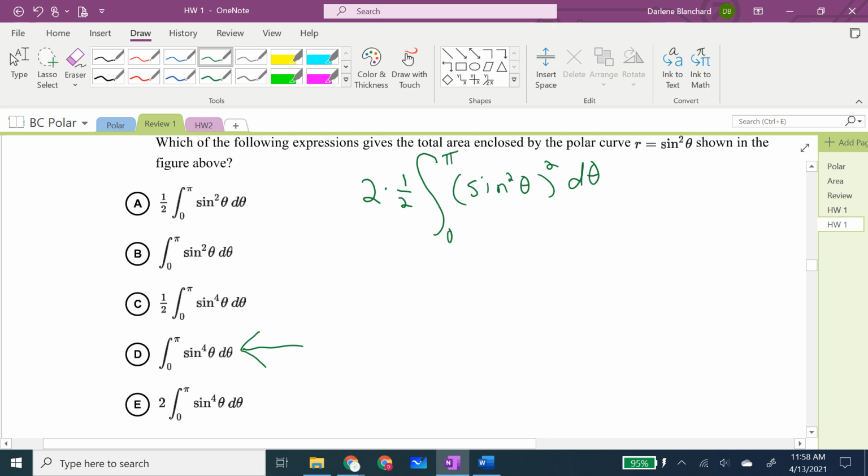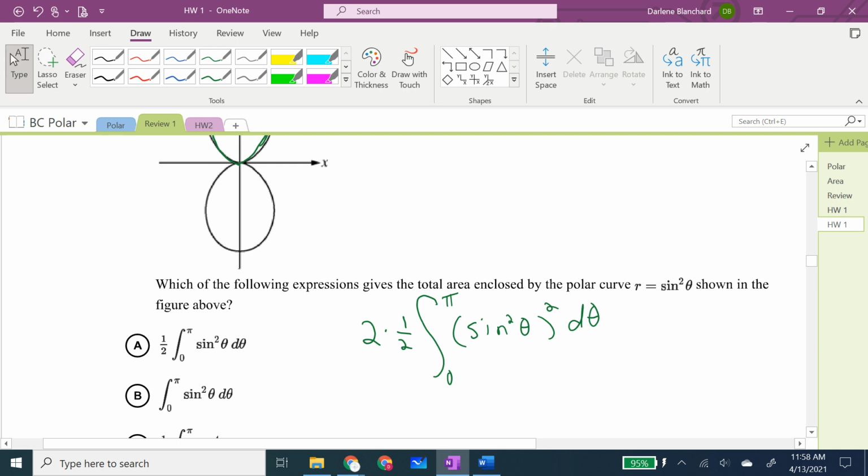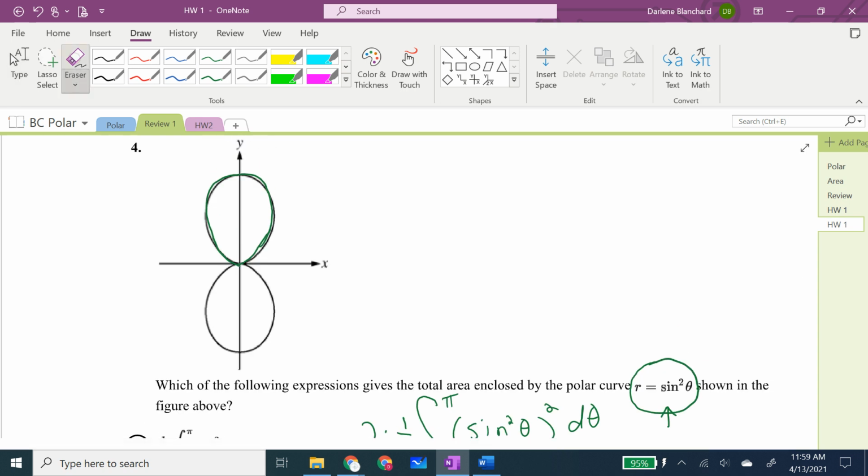But if you want to make sure that you're doing this correctly, it also helps to think about how this creates the graph itself. So you probably don't want to spend time doing what I am about to do while you're in the middle of multiple choice, but I want to strengthen your polar skills.